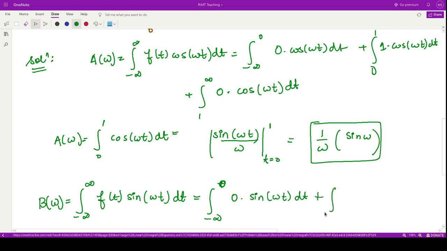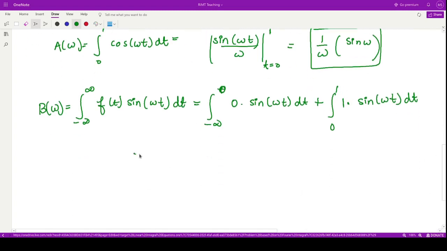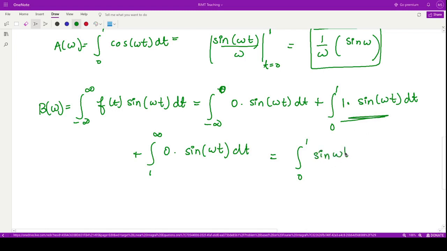The second integral is from 0 to 1, where the function's value is 1, so we have 1 times sin omega t dt. For the third integral, from 1 to infinity, the function's value is 0. So we are only left with the middle term, the integral of sin omega t dt.